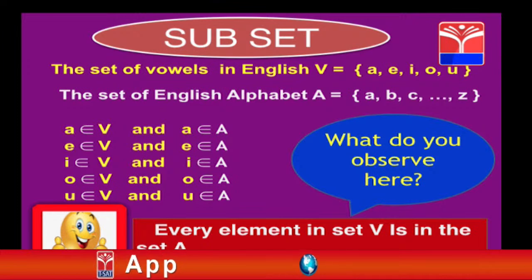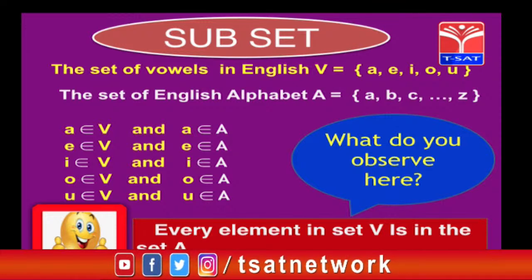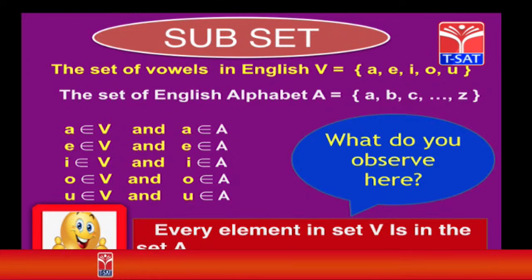Element e belongs to set V, and element e belongs to set A. Element i belongs to set V, and element i belongs to set A. Whatever element is there in V is there in A. Am I correct? Yes.